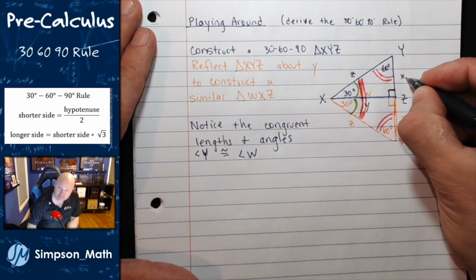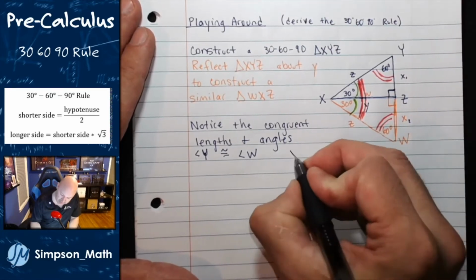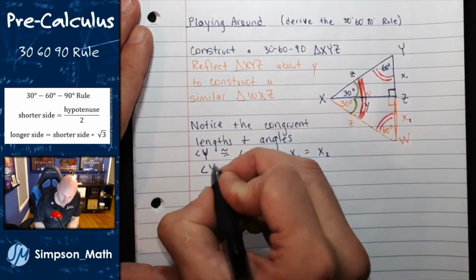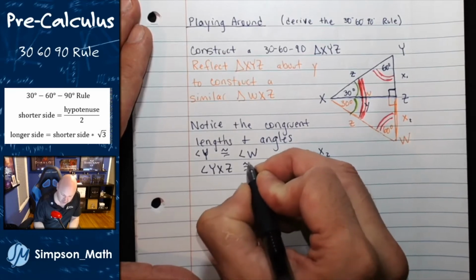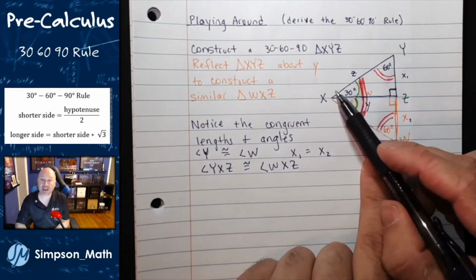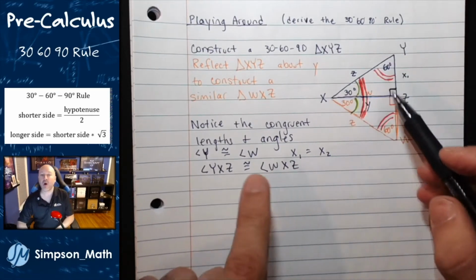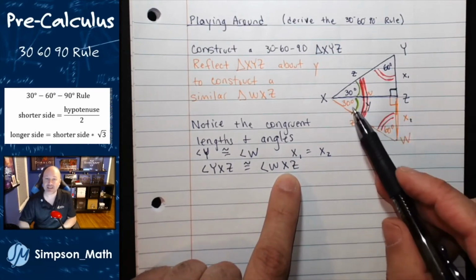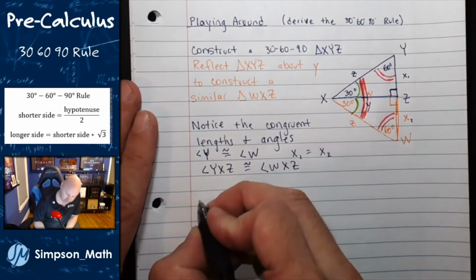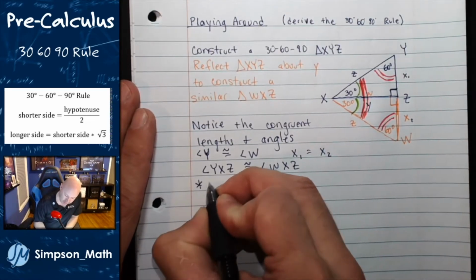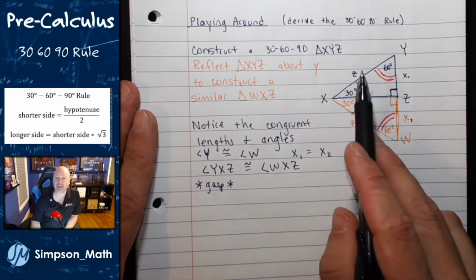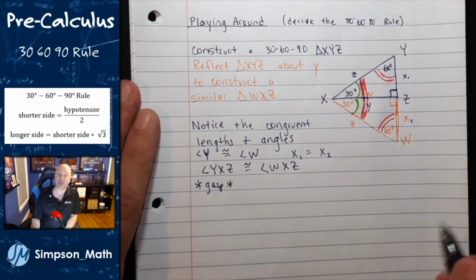And maybe I'll differentiate these two x's so I can talk about them. I'm going to say x sub 1 is equal to x sub 2. I think I'll say angle YXZ is congruent to angle WXZ. YXZ was this original 30 degrees, and WXZ is this second 30 degrees. They are equal. And now I'm ready for that gasp moment where we say 30 plus 30 is 60. So the bigger triangle is an equilateral triangle.